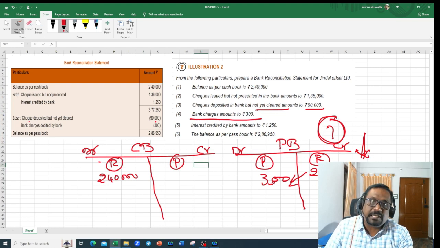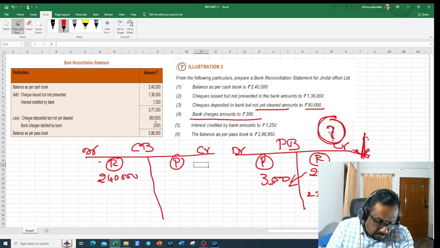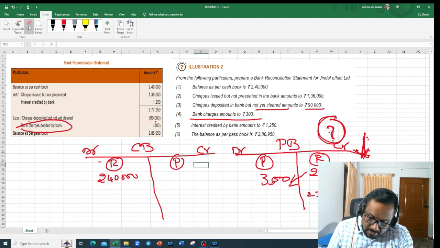So obviously it is 2,39,700. So this balance got reduced. This is 2,39,700, but this is 2,40,000. My question mark balance is reduced. So I need to subtract this amount. Bank charges debited by the bank 300. Are you clear? Let me explain the other point now.